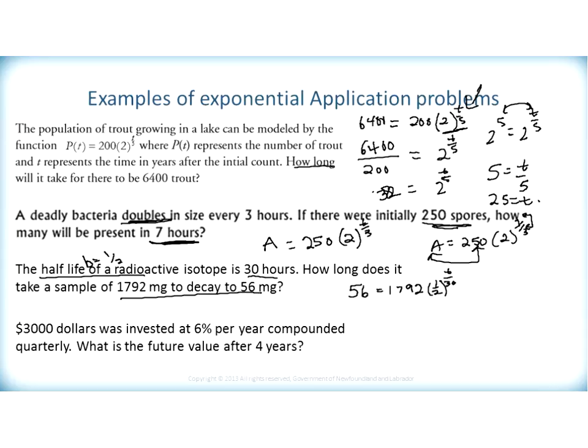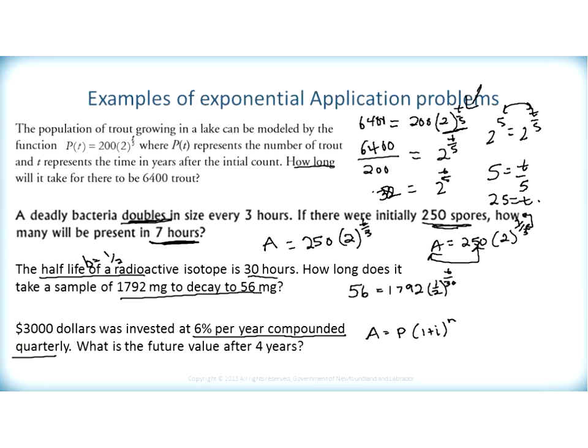In the last problem, we have a financial application problem. $3,000 was invested at 6% per year, compounded quarterly. What is the future value in 4 years? So we would have A equals our principal times 1 plus the interest, to the power of the number of compounding periods.